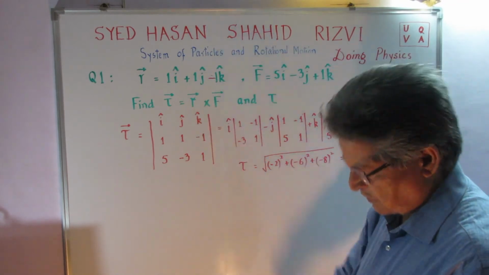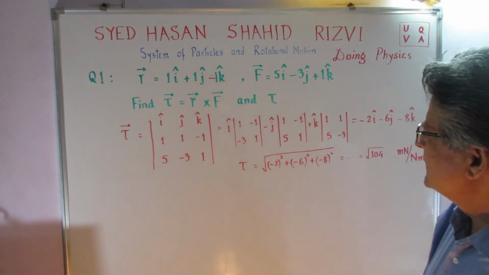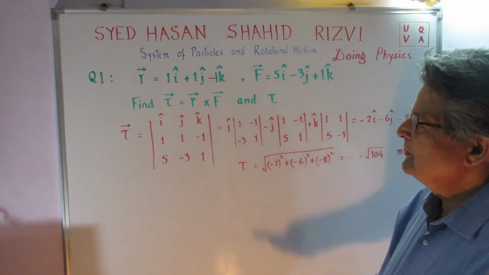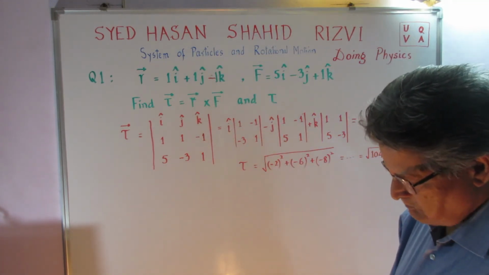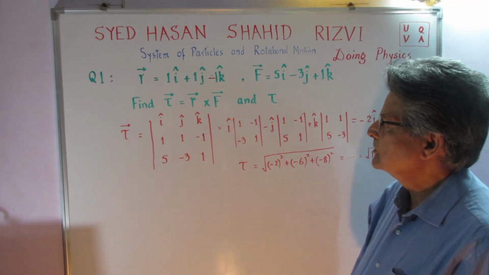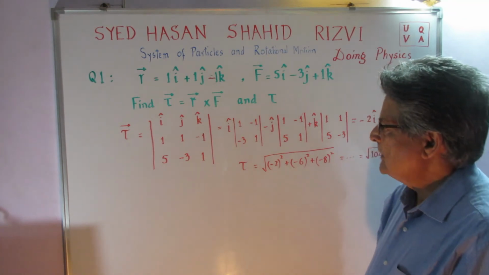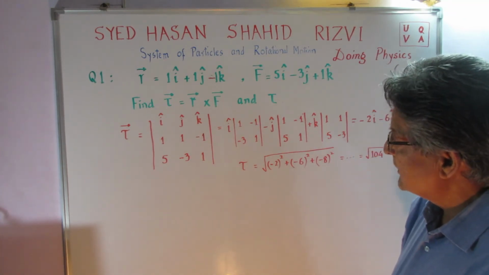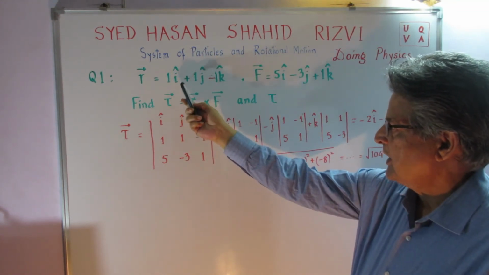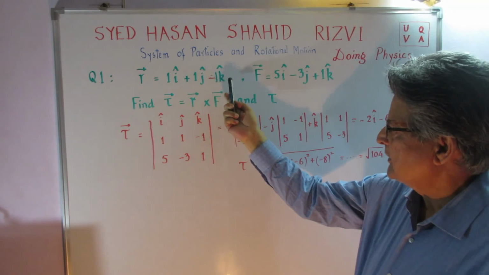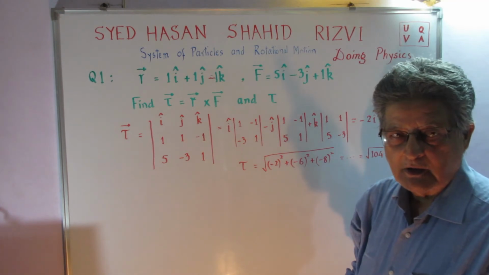So let me take up a question, and the question is very simple, and the way to solve it I have already done for you. I have the position of a certain mass which is located at the point r, which is defined as 1 i cap plus 1 j cap minus 1 k cap. Normally they will write it as i cap, j cap and minus k cap, but I include the numbers 1.